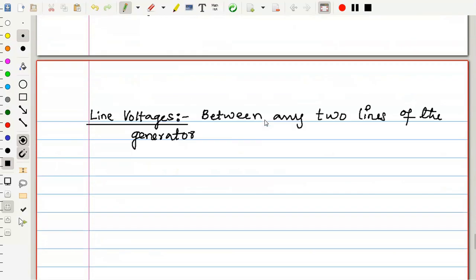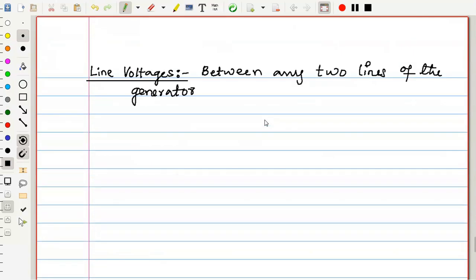So the line voltages are the voltage between any two lines of the generator.